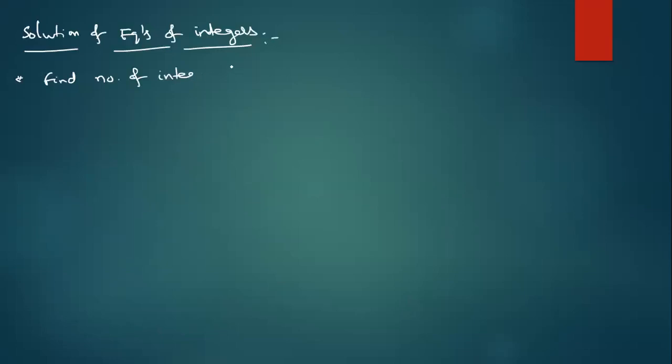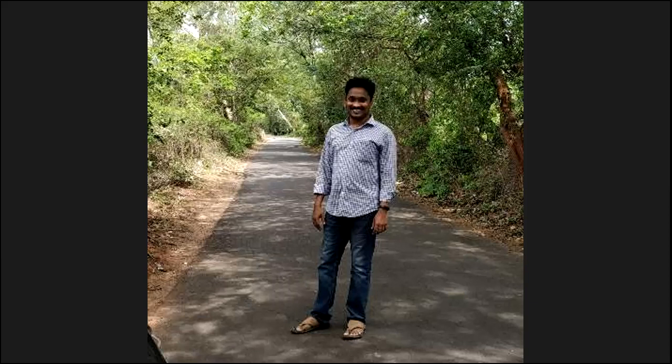Find the number of integers, meaning the number of solutions, of the equation x square minus y square is equal to 174.